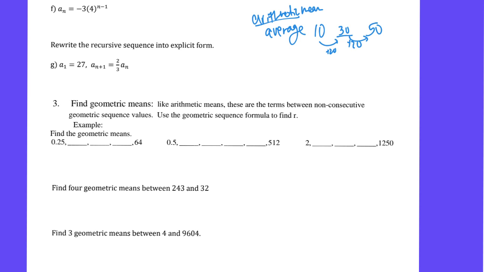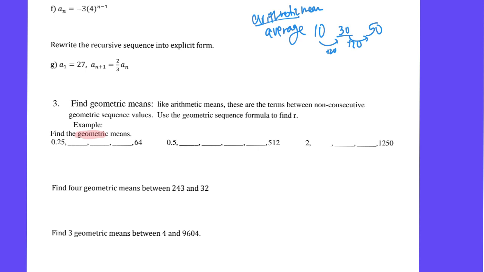So we multiply by the same factor to get from one to the next to the next. Some of you who are super intuitive might be able to see it without doing this math, but I want you to learn how to do this math, because I think it's a good thing to do. Geometric means are related by multiplication, not adding. So if you add up the endpoints and divide by 2, that's not going to work here.